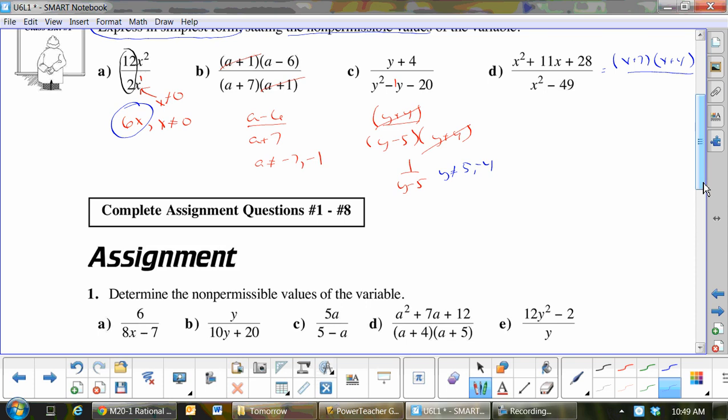No. Difference of squares, which is x plus 7, x minus 7. Okay? Those cross out. I have x plus 4 over x minus 7. X cannot equal plus or minus 7.